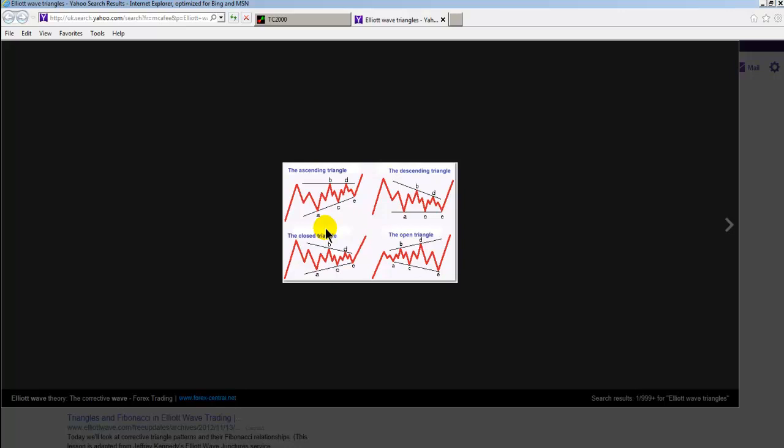It's three, three, three, three, three. You get it for the first time? You might get confused a bit. Don't get confused. I said three five times: first time three, second time three, third time three, fourth time three, fifth time three. This is the formation of an Elliott wave triangle.